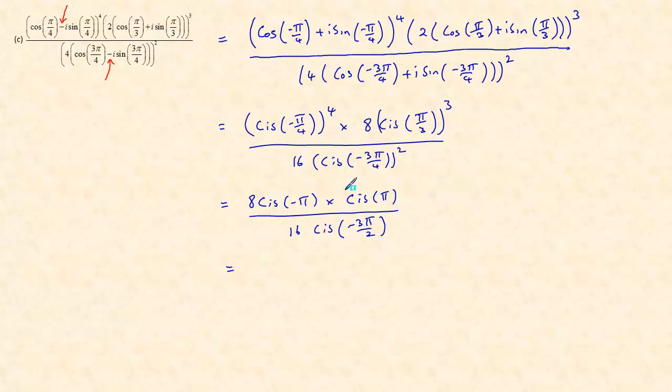So on the top we'd add the arguments, so that's going to be 8 cis 0 over 16 cis negative 3 pi by 2.